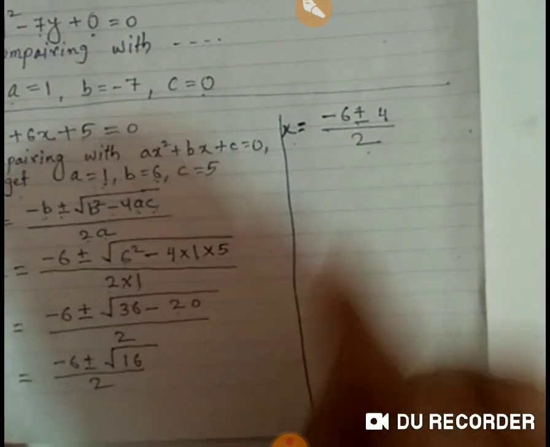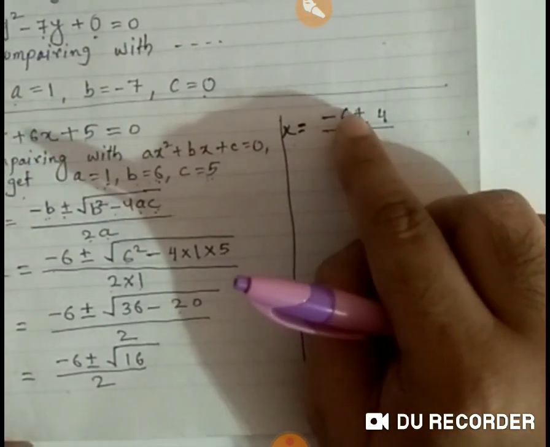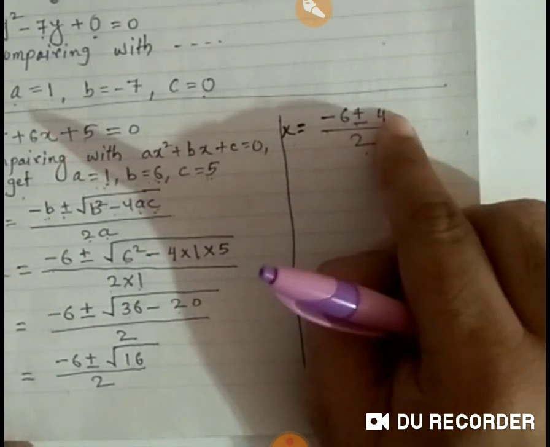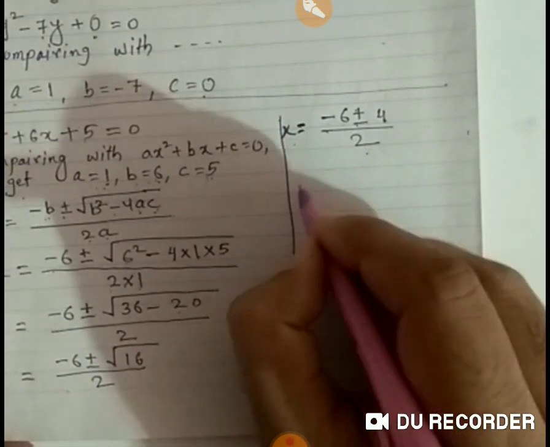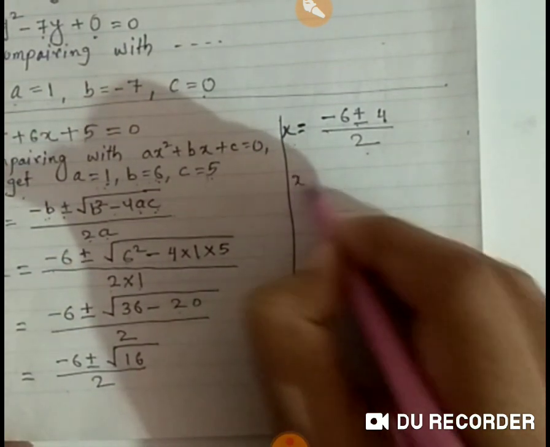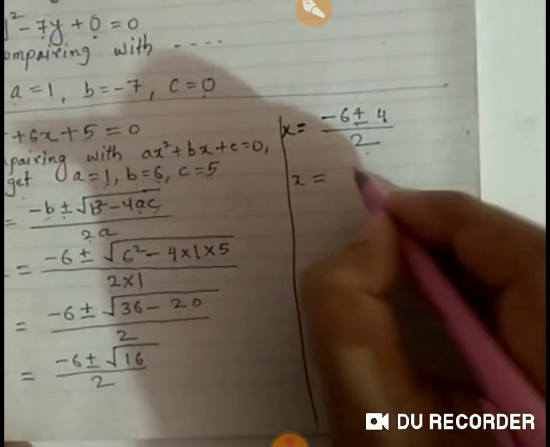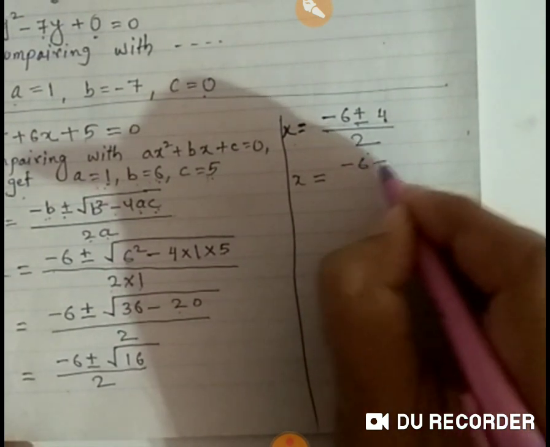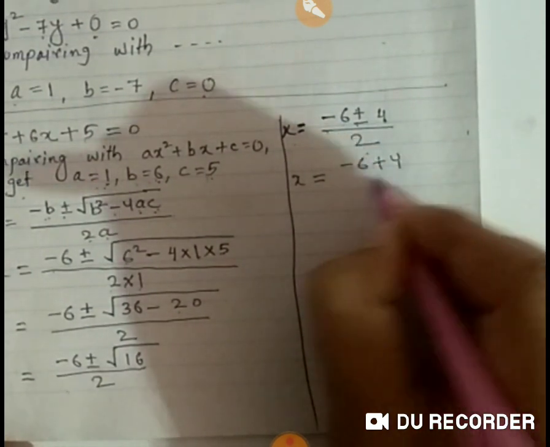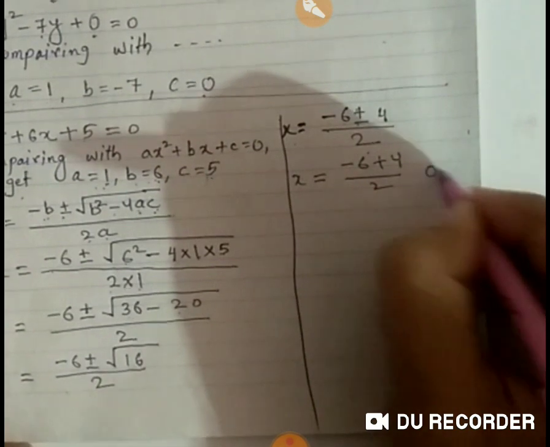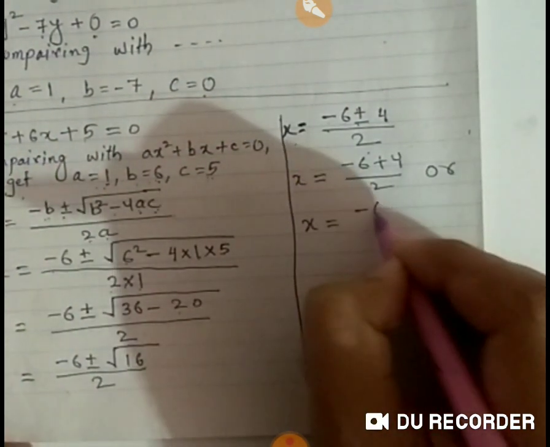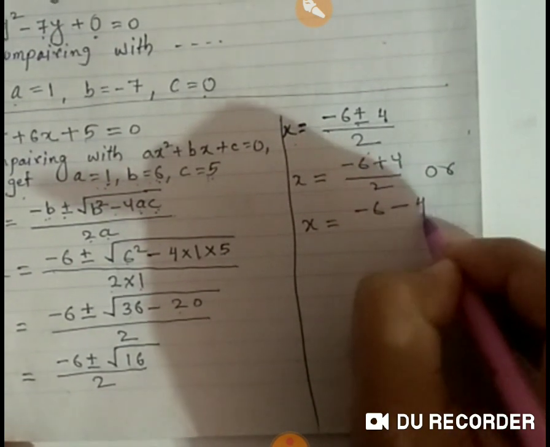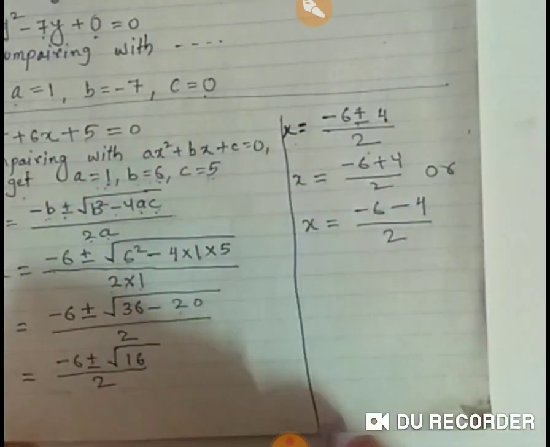So here we have two possibilities, minus 6 plus 4, minus 6 minus 4. So we will write those two possibilities separately. So here you can say x equals to minus 6 plus 4 upon 2, or x equals to minus 6 minus 4 upon 2.